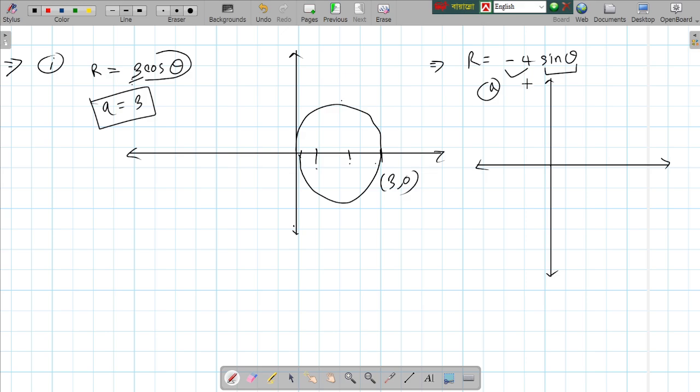So we mark some positions 1, 2, 3, 4, and the circle is like this, and this position is 0, minus 4. The center of this circle is 0, minus 2, because its position is half of the diameter position.